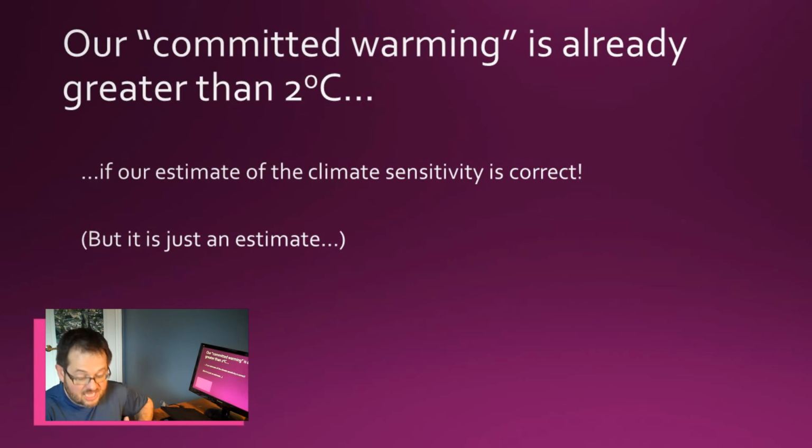Between those and the corresponding natural feedbacks like the water vapor feedback, we already have more than 2 degrees of warming in the pipeline. There's nothing we can do about it. If we stopped burning fossil fuels today, we couldn't stop the planet from warming more than 2 degrees Celsius. That's bad. That's really bad.